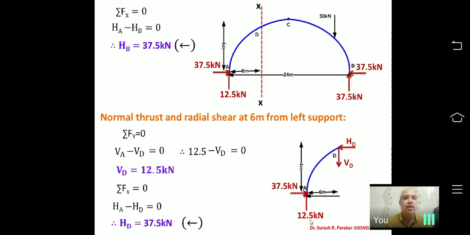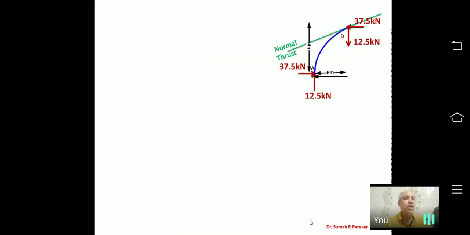So now we have value of HA, we have value of HD. So we have VD, VA. So now we have to find at D only. So we will consider normal thrust and radial shear at point D. That is normal thrust tangential to it, radial shear perpendicular to it.